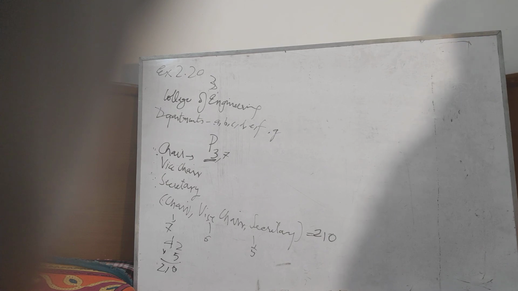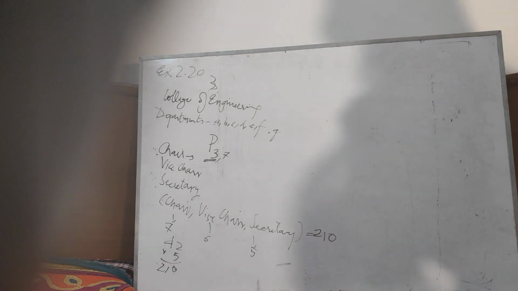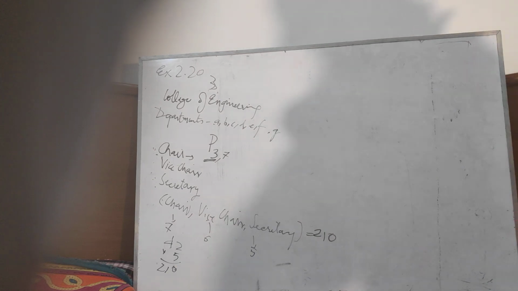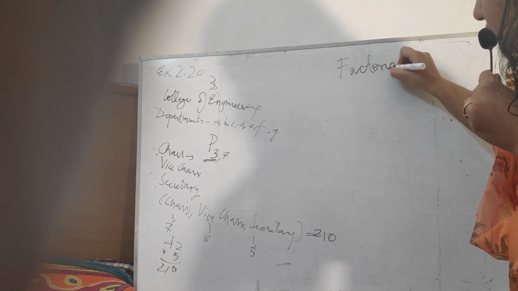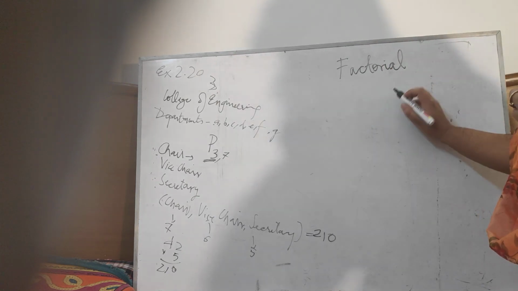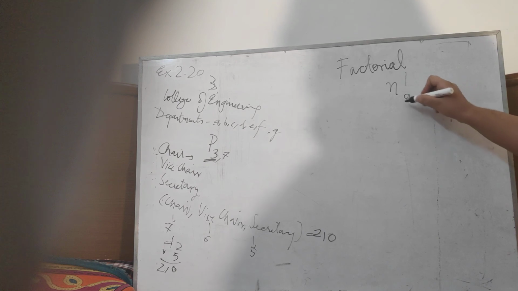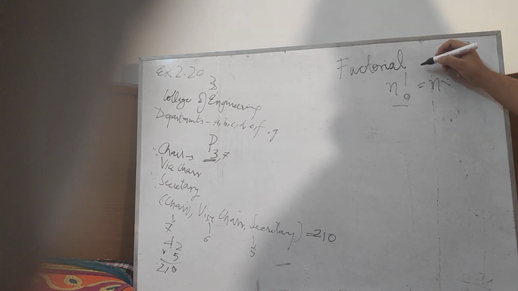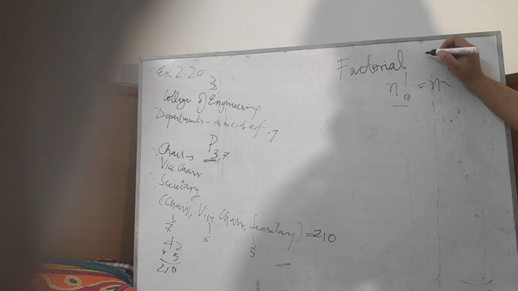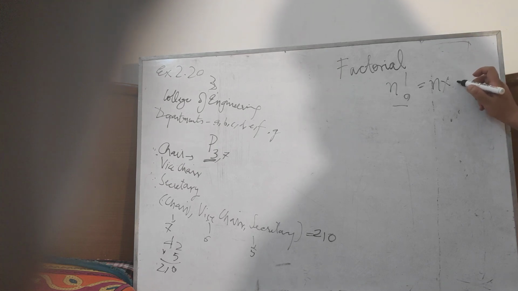Alright, we'll come to the formula later, but let me show you something simple, which is a factorial. What is a factorial? n factorial is just a denotation, defined for n belonging to the positive whole numbers.